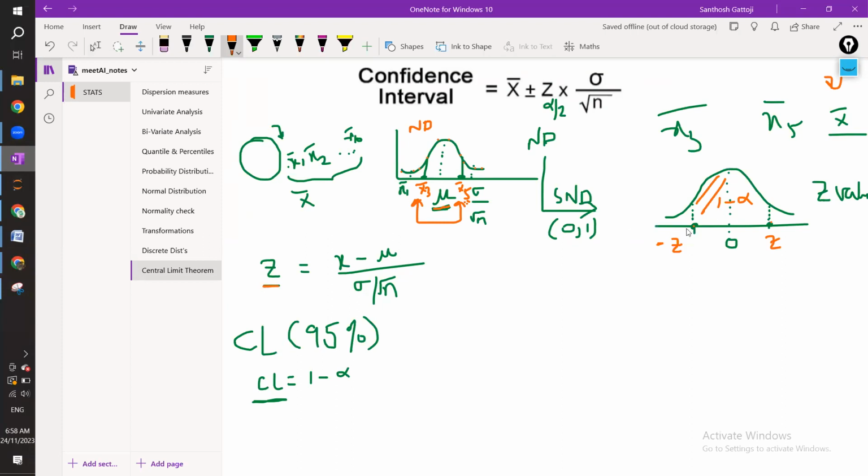Now we just want to know that particular z value so that you can calculate the confidence interval, so that between that you can capture the true population. Is this clear? Yes, sir. Okay, fine. So till here we are good.